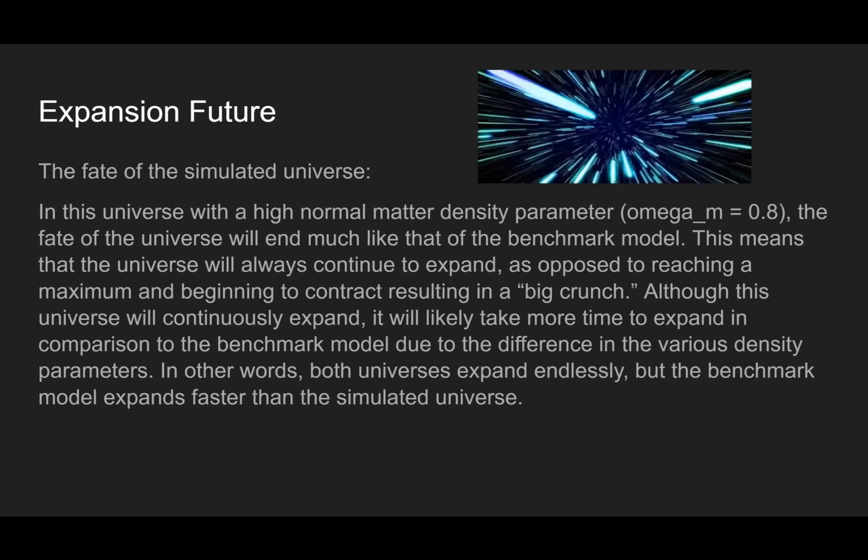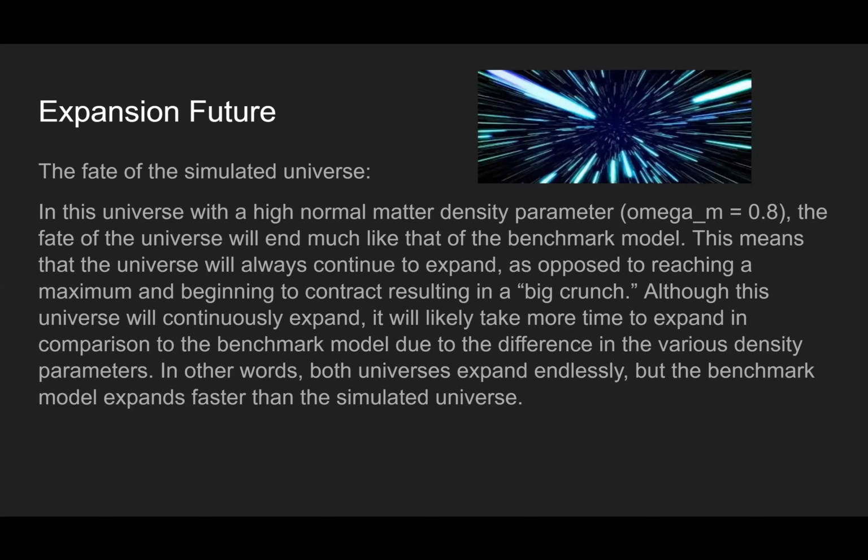Now looking at the expansion future of the simulated universe. In this universe with a much higher normal matter density parameter, again of 0.8, the fate of the universe will end much like that of the benchmark model. This means that the universe will always continue to expand, as opposed to reaching a maximum and beginning to contract, resulting in a big crunch.